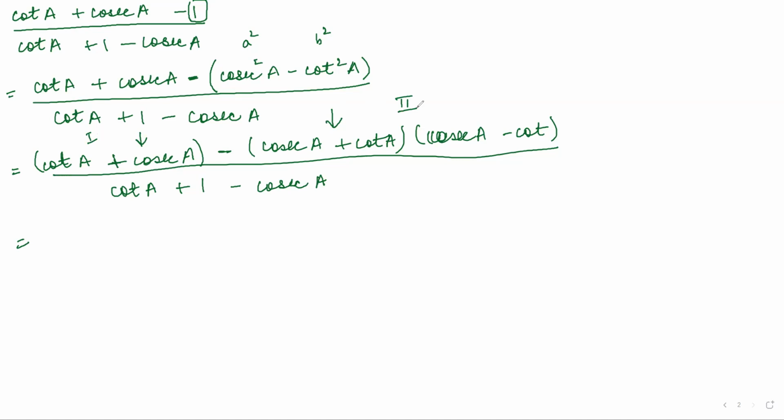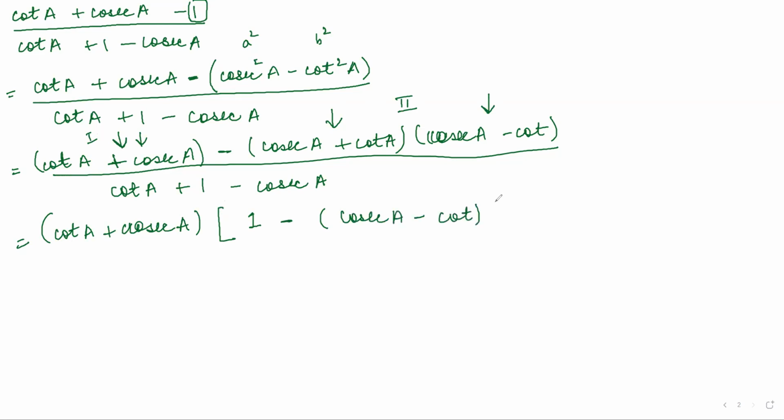Yes, ma'am. So if I take cot of A plus cosec of A common, right? So in the first term, what will remain? 1. Okay. Minus, and then this bracket will remain: cosec A minus of cot A. Any problem here in the numerator? Please let me know if there is any sort of confusion.